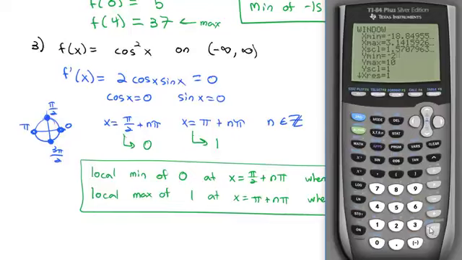I'm going to do a minimum of negative 2 and a maximum of 2. And then when I graph it, you see every pi over 2, there's either a local min or a local max. I didn't do the window I wanted, but it gets the idea here. As we get a local min or a local max every pi over 2 based on what we just found. And we know the heights are 1 and the heights are 0.